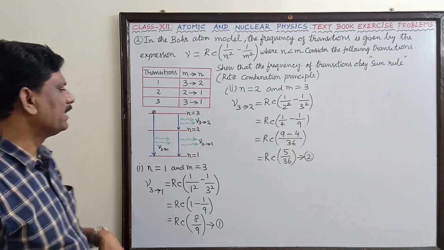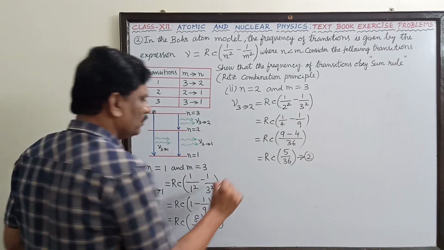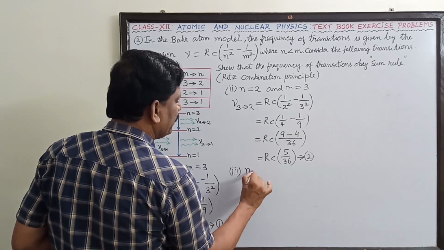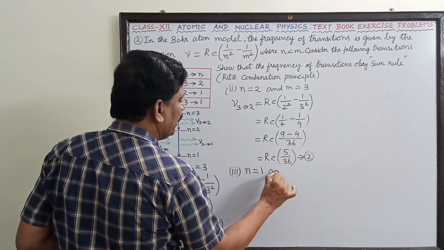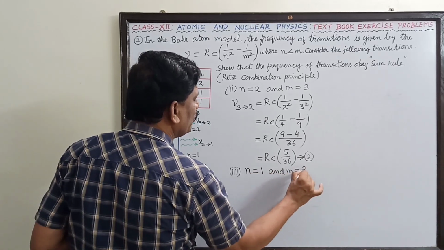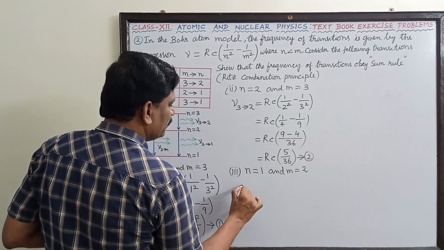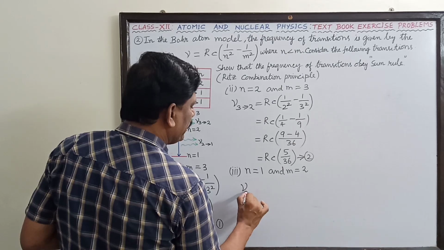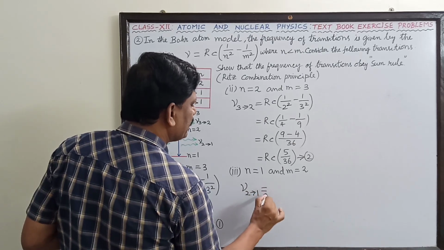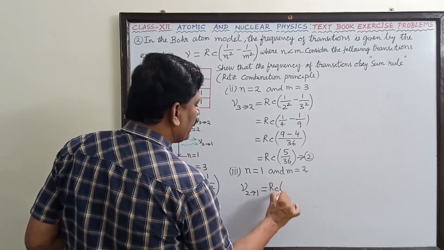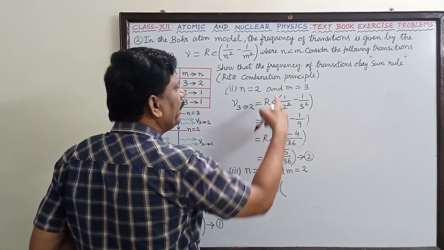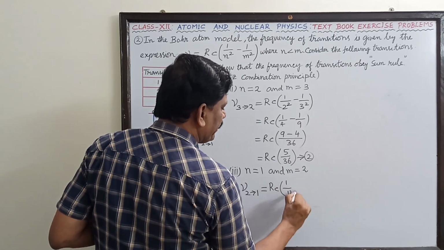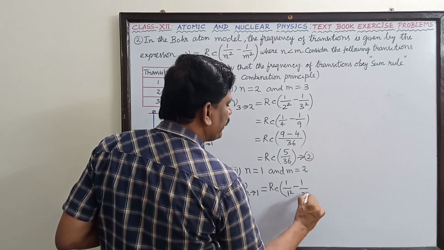Similarly, the third transition required is 2 to 1. So here n is equal to 1 and m is equal to 2, let us take. So nu 2 to 1 is equal to R into C into 1 by 1 square minus 1 by 2 square.